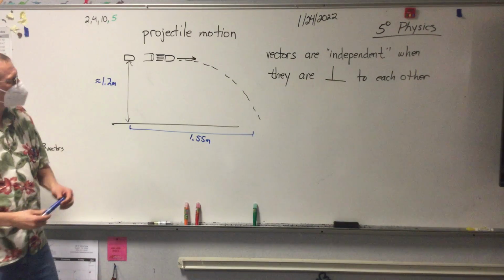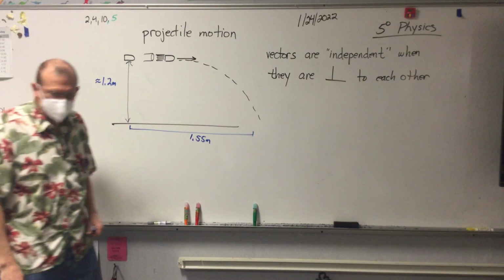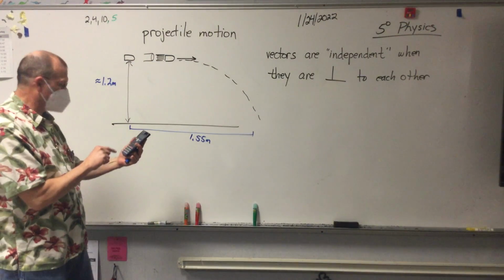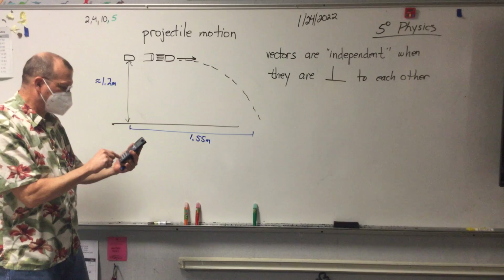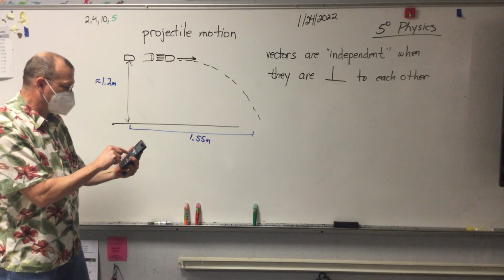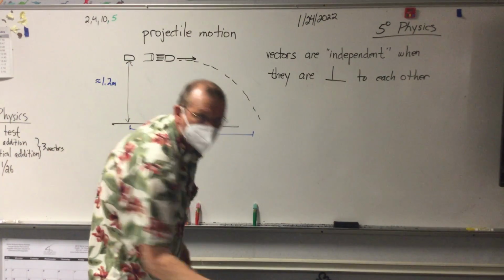So if we just pretended this was a triangle and we did our Pythagorean step, 1.2 squared plus 1.55 squared, and then we square root that answer, we get almost 2 meters.